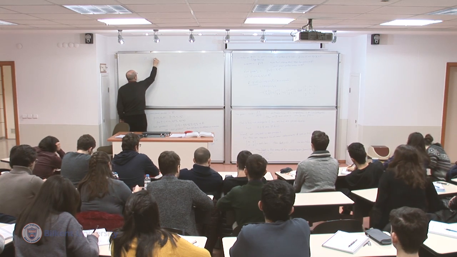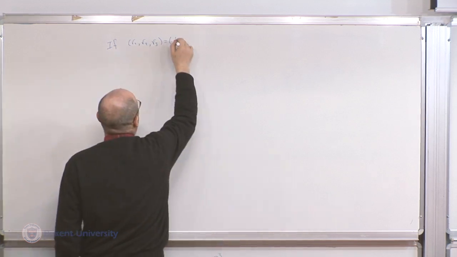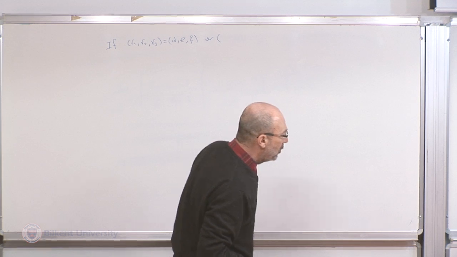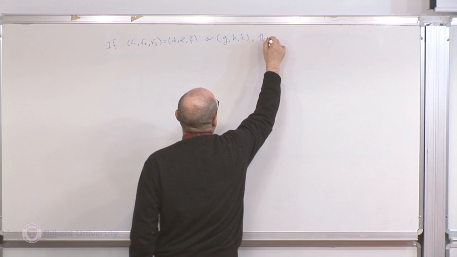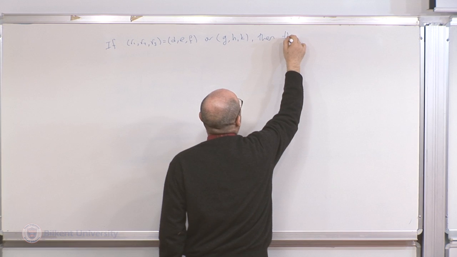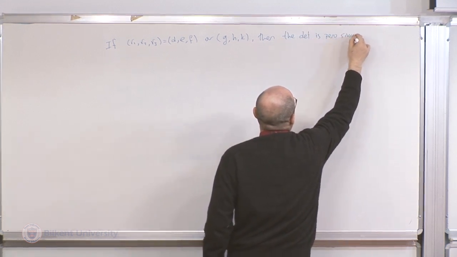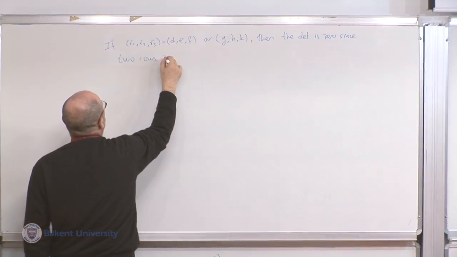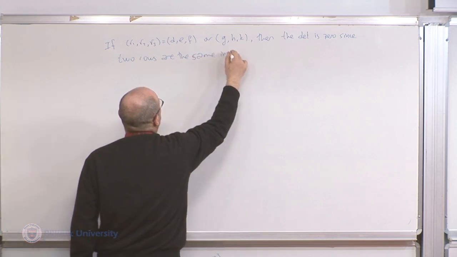If R1, R2, R3 equals, let's say, D, E, F, or the other row, G, H, K, then the determinant is 0 since two rows are the same in the matrix.